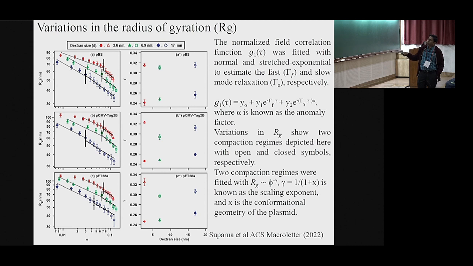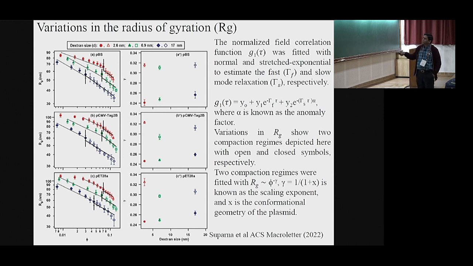For the small crowder, it requires a higher volume fraction, and you can see the fitting has two different regimes, so the compaction happens in two different regimes. Same thing for all three plasmids.